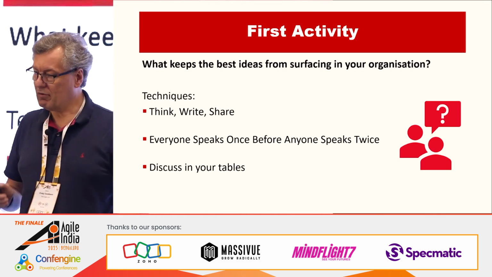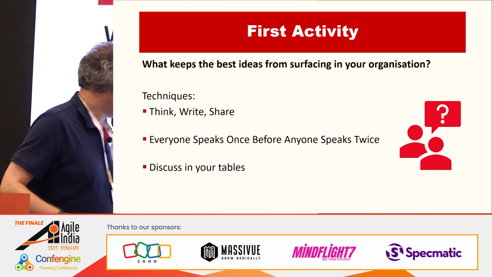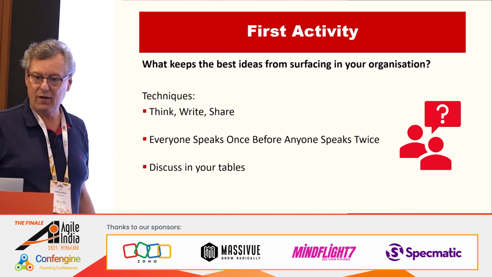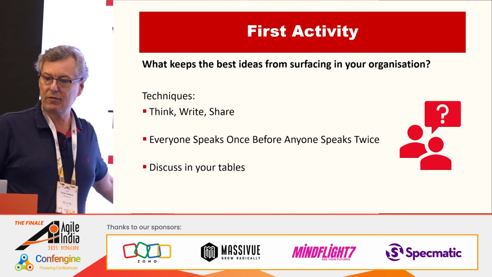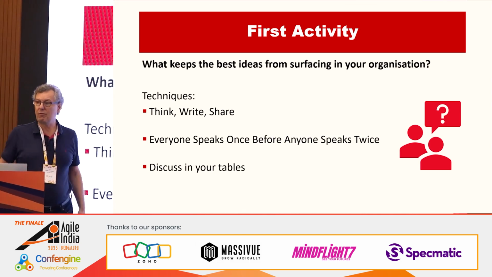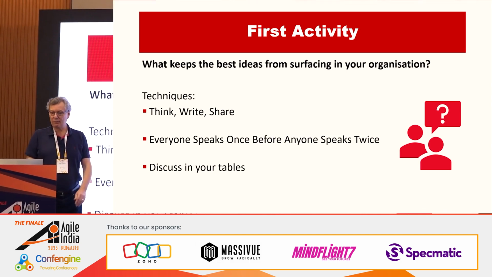So use that Think, Write, Share, and also the other practice to facilitate voices not dominating is everybody speaks once before anybody speaks twice, as a general practice. That stops one voice dominating the room and the conversation.